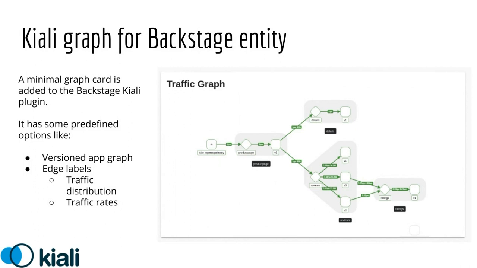It is minimal because we had some pre-configured options, like we are showing the versioned app graph, not other graphs like the workloads or the applications. We are setting that as our default for the Kiali standard app, and also we are showing some edge labels that represent the traffic distribution and the traffic rates.